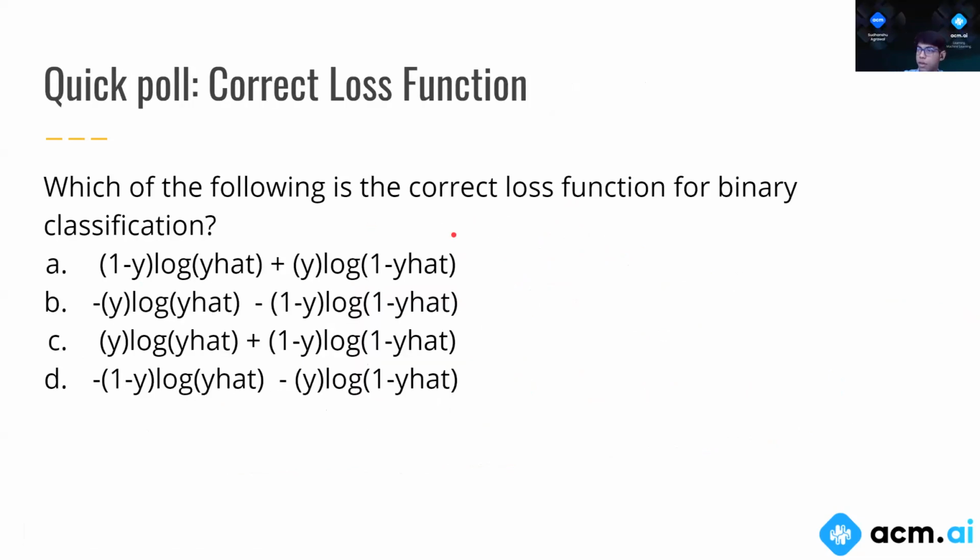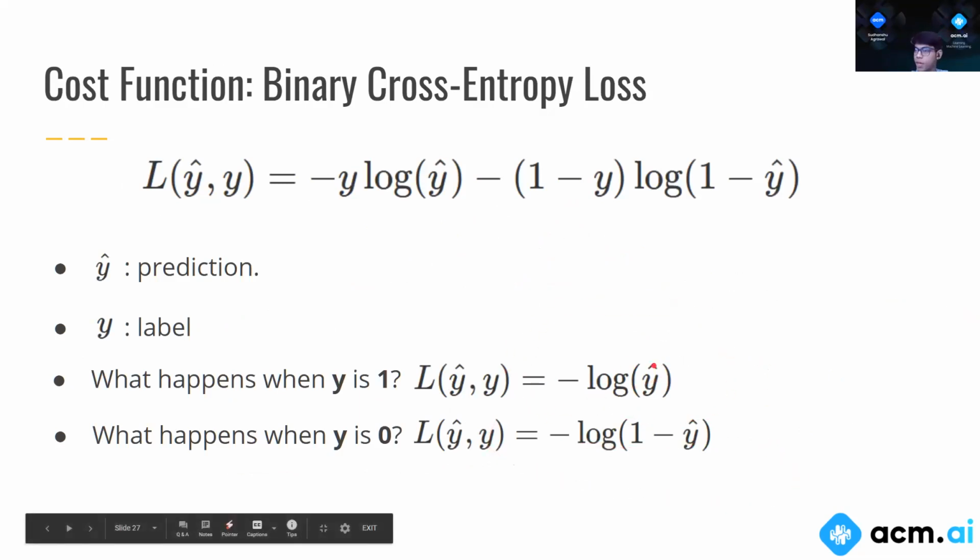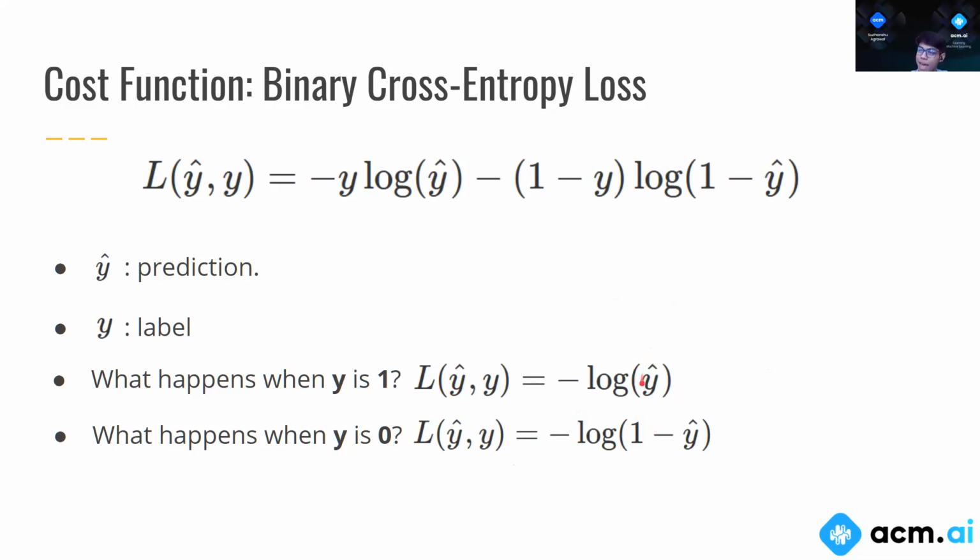So let me go back and go over here. Okay, so let's look at this. Let's look at just one of these pieces. The other piece will be equivalent. So y hat is a value between 0 and 1.